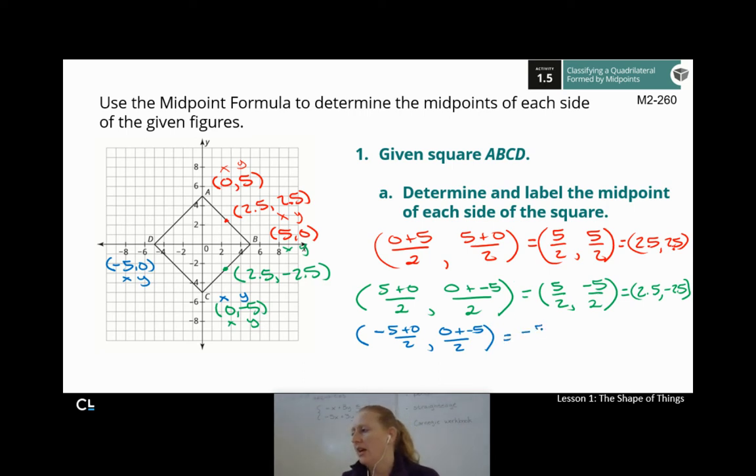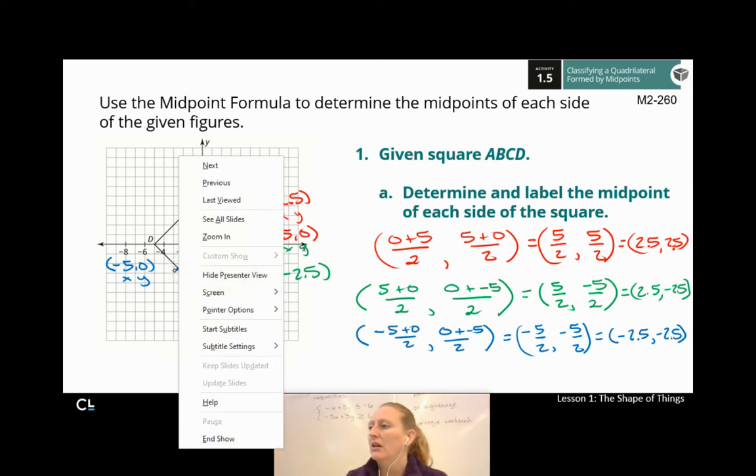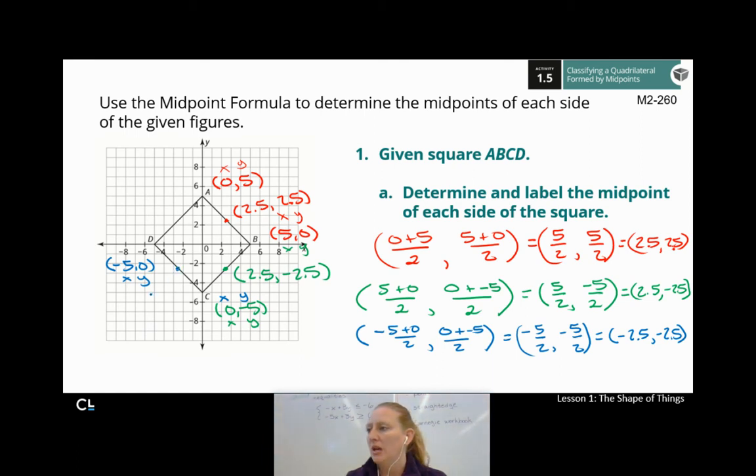So I have negative 5 halves and negative 5 halves. Again, decimals are cool too. So if you'd prefer (-2.5, -2.5), also acceptable. So that means I need to go left 2.5 and down 2.5. And there, oh, the lights came back on. There's my new midpoint.